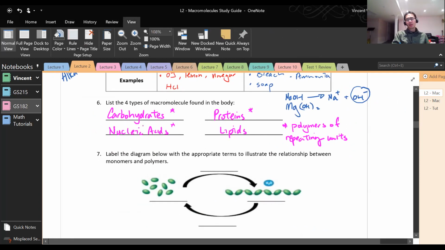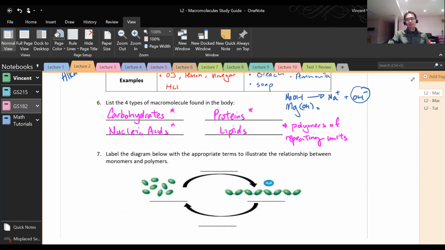Now, I do want to clarify that these are not the only polymers that exist in the world. These are just the ones that exist inside a living system. We have a lot of polymers in our daily lives. Anybody have an example of a polymer that is in your house?